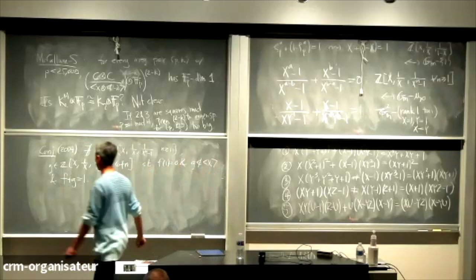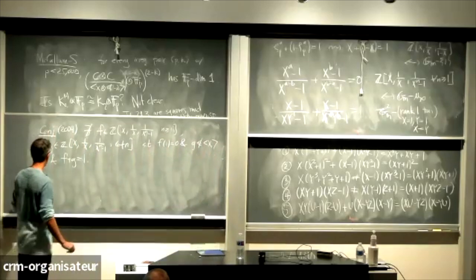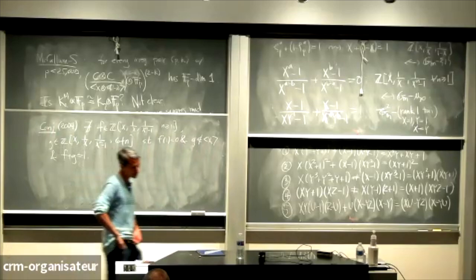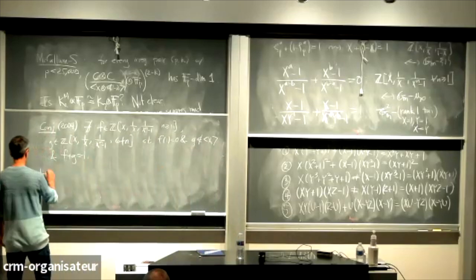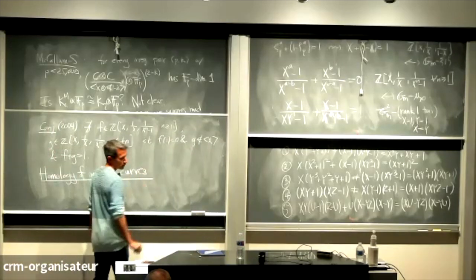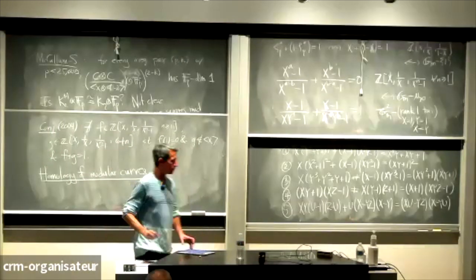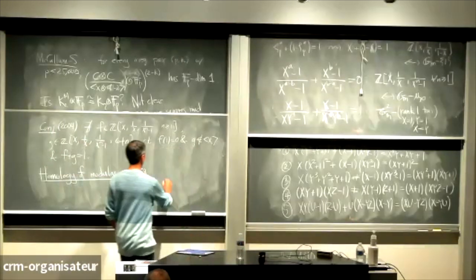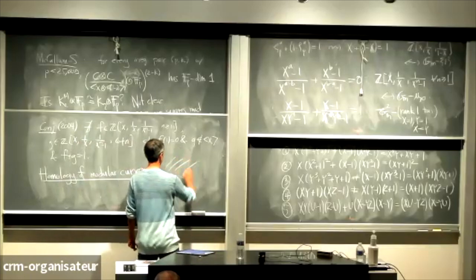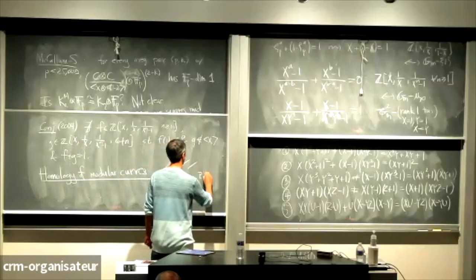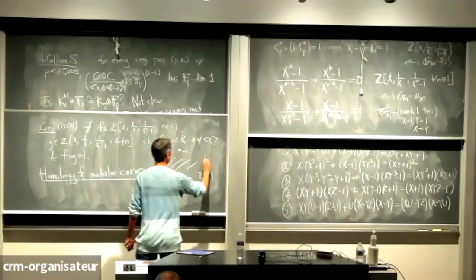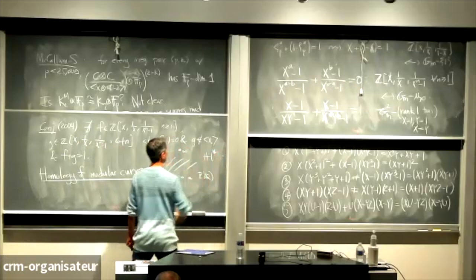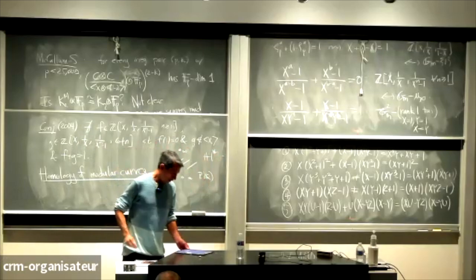Why would this matter? So now let me, in the final minutes, say something about homology of modular curves. Okay, so you have the complex upper half plane, and you can extend it by adding in the points in P1 of Q. So you add in the rational numbers and infinity here. And this is the complex upper half plane extended.